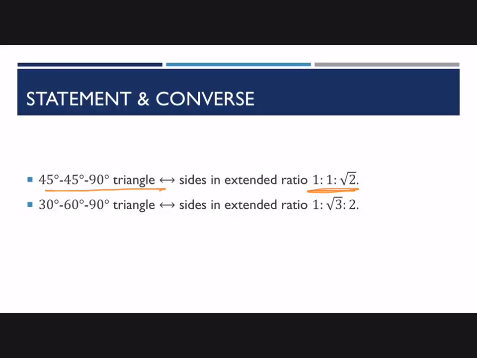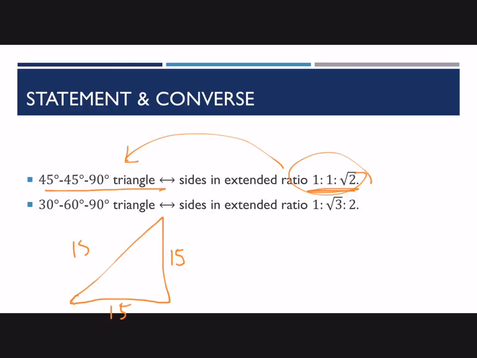If you have a triangle with sides in this ratio, then that would tell you what the angles are. So let's say I had a triangle and I knew that its sides measured 15, 15, and 15 square root of 2. Okay, well then automatically, without even checking Pythagorean theorem or anything like that, I know that this is a right angle and the other two are each 45 degrees.